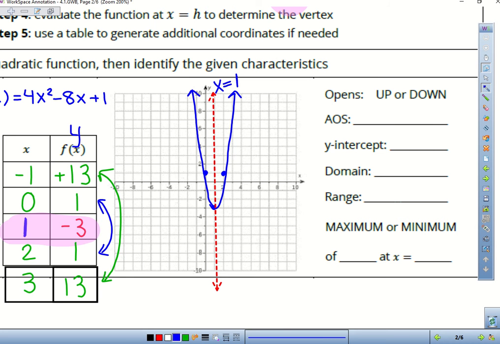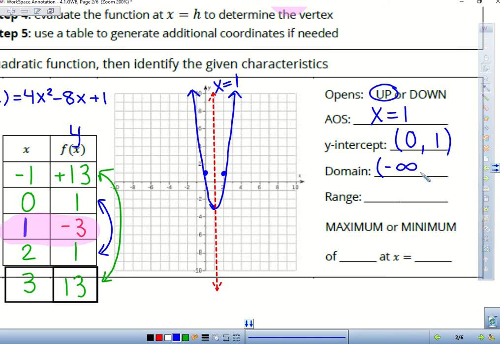So this graph opens what way? Upward. Good. Axis of symmetry is x equals 1. The y-intercept is 0, c, which is 0, 1. Domain for any quadratic is -infinity to +infinity.